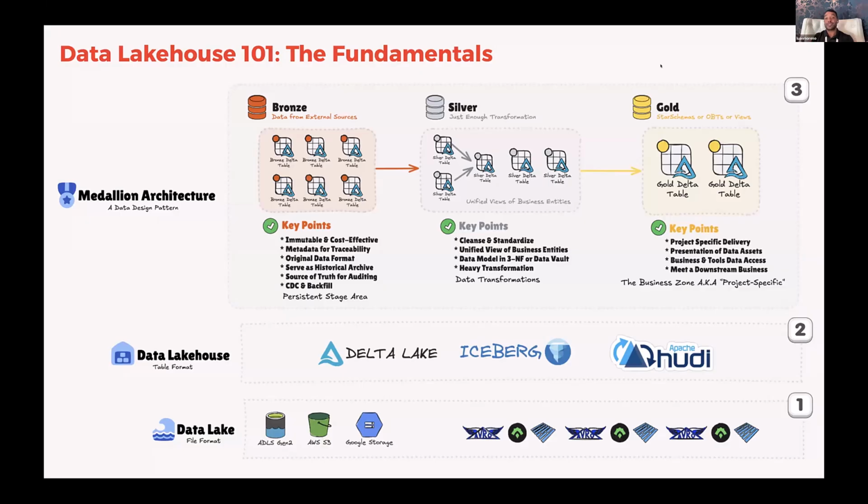That's one of the biggest hurdles for customers trying to understand what just enough means, but we're going to unfold this shortly. And lastly, we have gold, which is basically project delivery specific, where customers are going to connect. So we have these three layers well established, I would say.